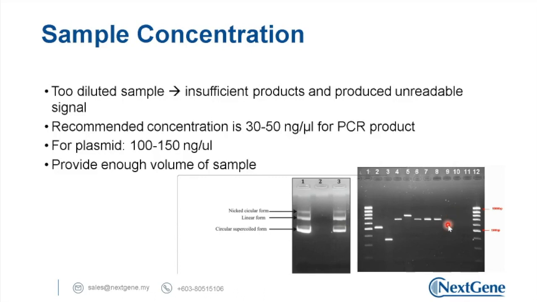Another thing is we understand that customers will check their PCR product in their lab. But for some reason, in certain cases, although the band looks okay in the user's lab, maybe during transport something happened, maybe degradation.